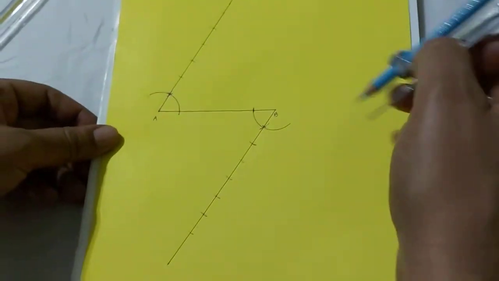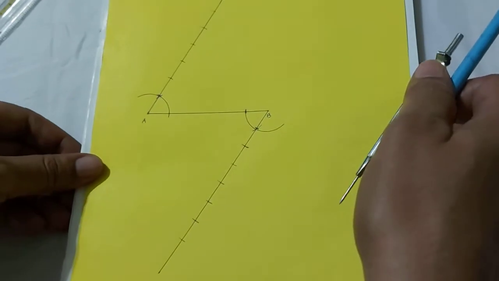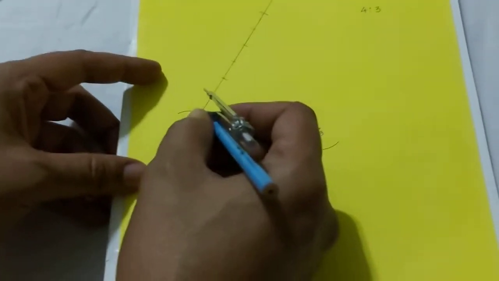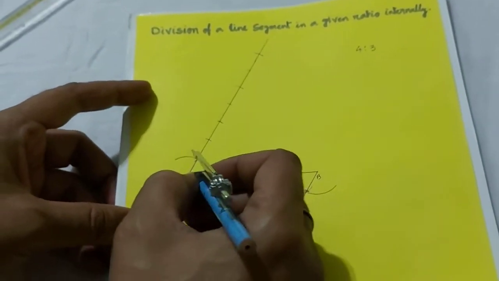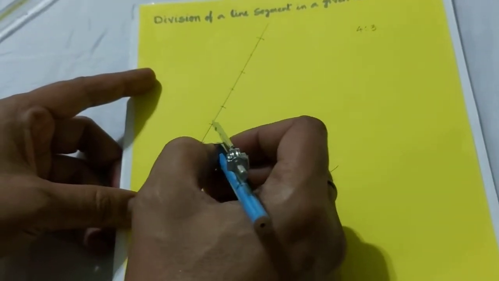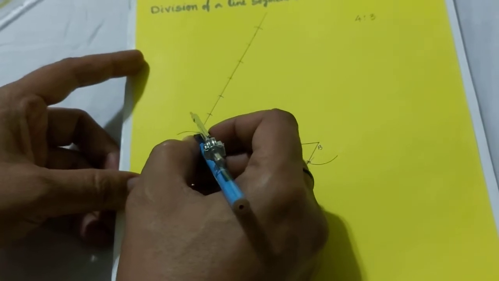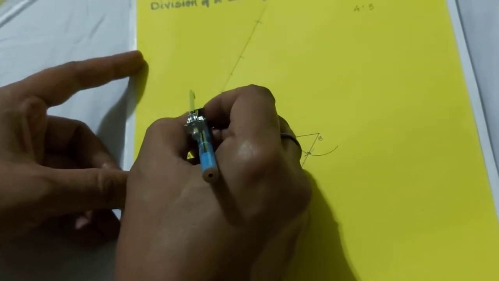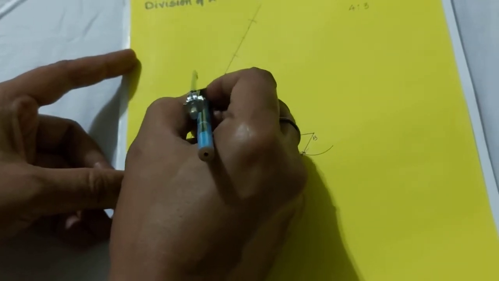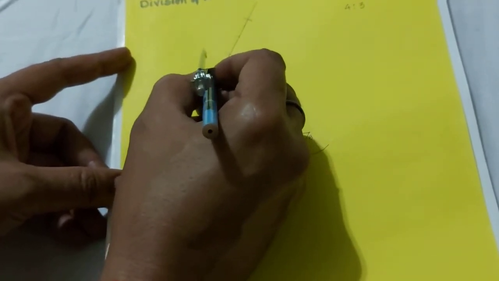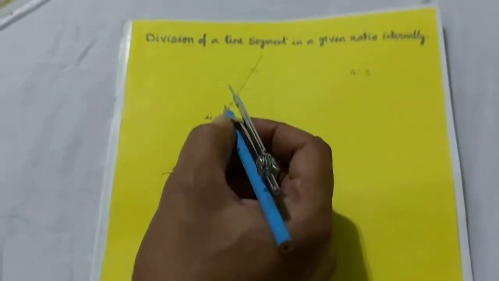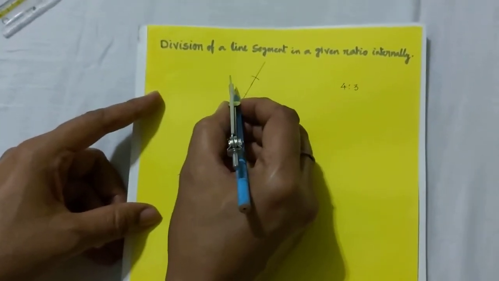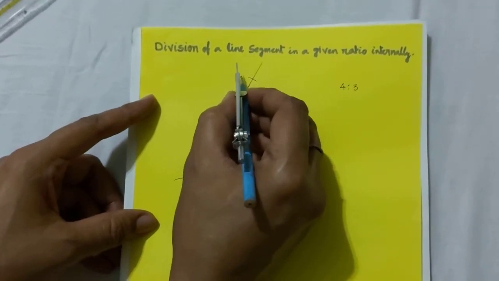Now we can do it directly. We can name the points, like in the previous topic we have done. Along the edges of the angle made at vertex A, we name the points as A1, A2, A3, A4, A5, A6 and A7.